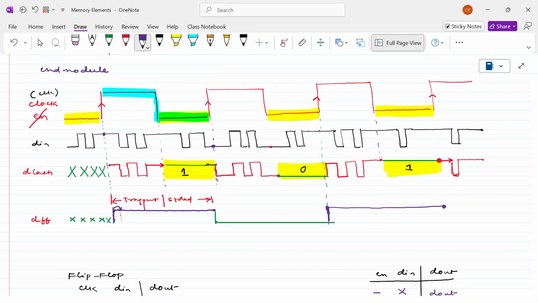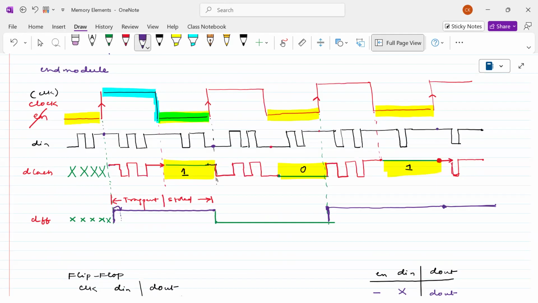Now, what about here? At this positive edge also we can see one only, so that is assigned here and continues to the next and next positive edge. For all other cases, it will continue with the previous value. Hopefully, you catch this point.